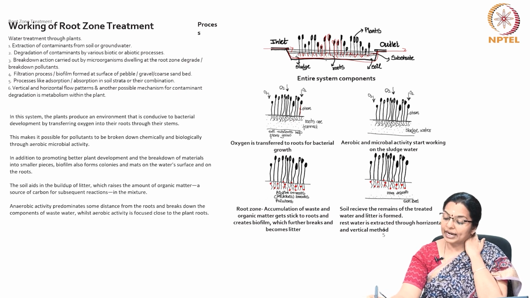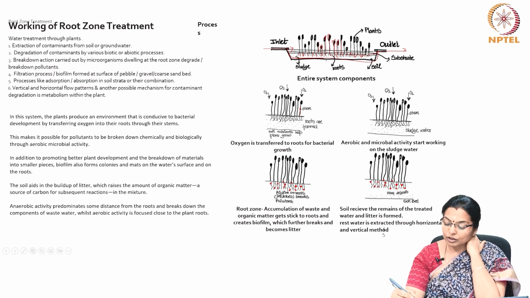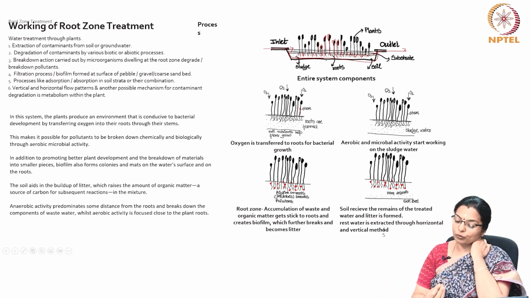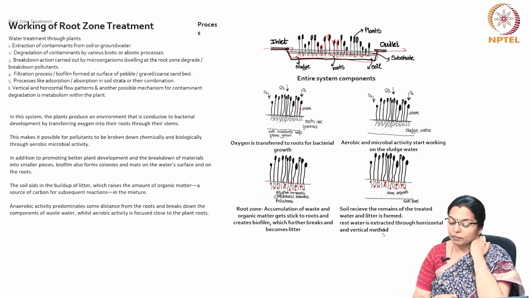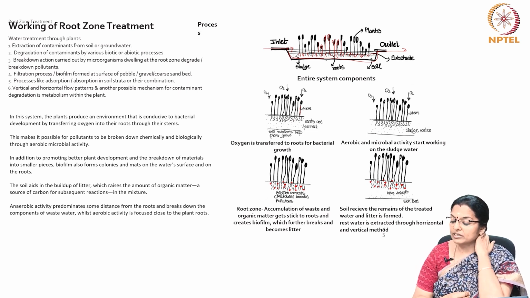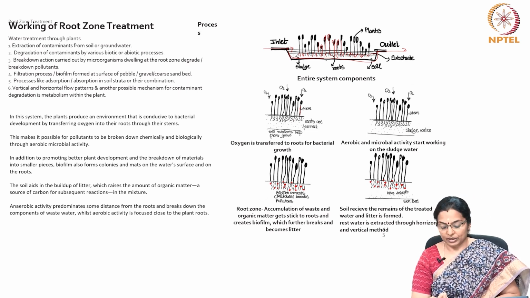Aerobic and microbial activities start working on the sludge water, and in the root zone, accumulation of waste and organic matter gets stuck to the roots and creates a biofilm, which further breaks and becomes litter. So the soil receives the remains of the treated water and litter is formed. Rest of the water is extracted through horizontal and vertical method.